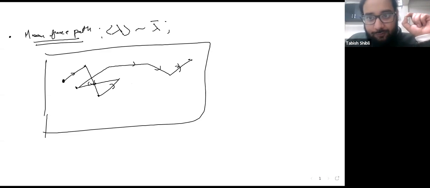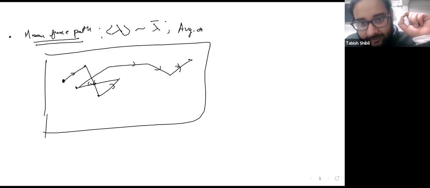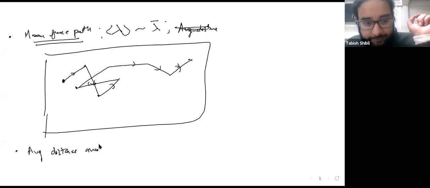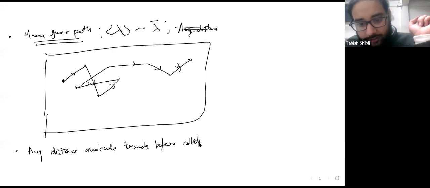So the mean free path is the average distance a molecule travels before colliding with another molecule.